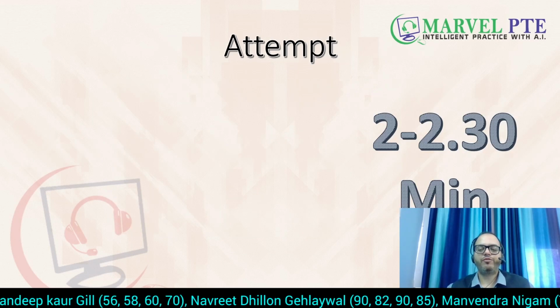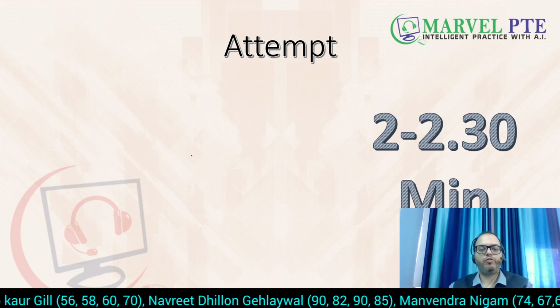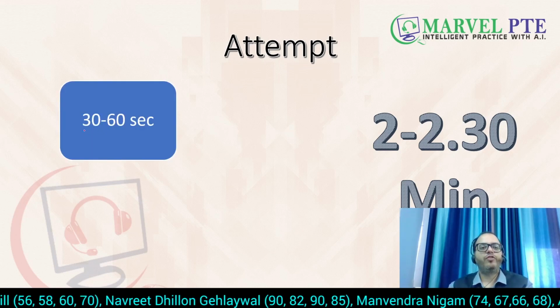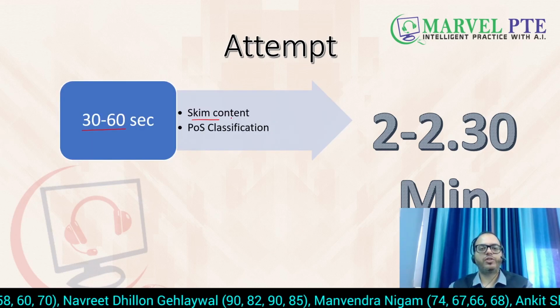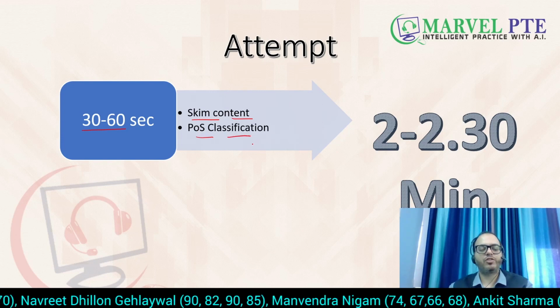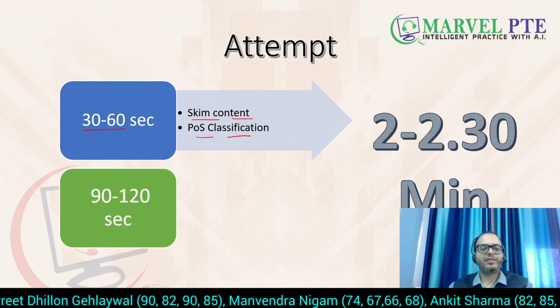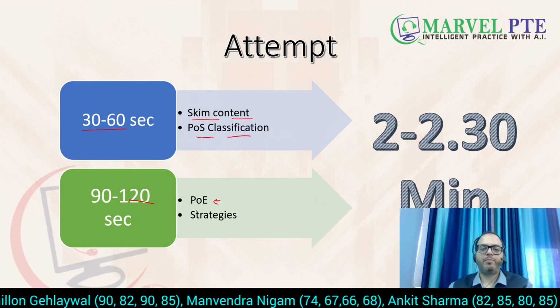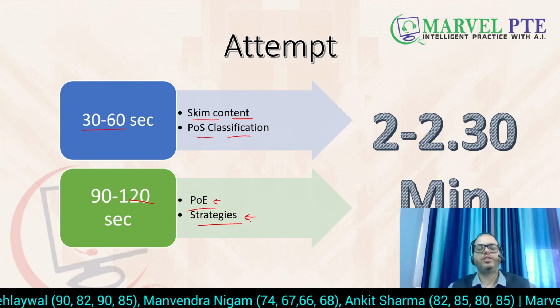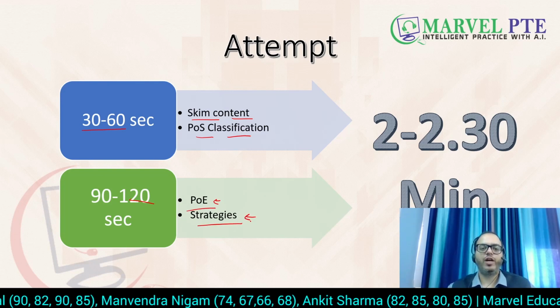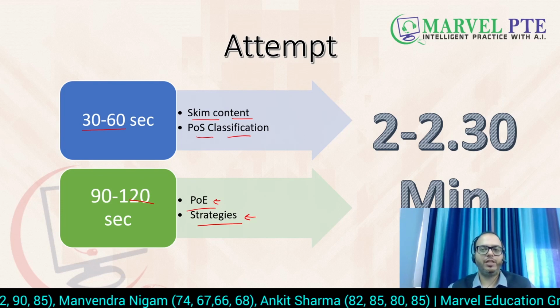And remember, you have 2 to 2.5 minutes only to solve your reading filling the blanks. In first 30 to 60 seconds, you are going to skim the content. You have to do the parts of speech classification. In next 90 to 120 seconds, apply process of elimination. Use our strategies to solve your answers. You have seen how we applied process of elimination today.